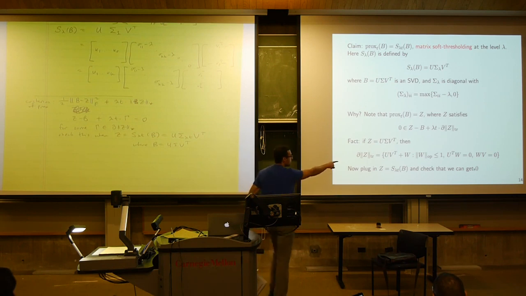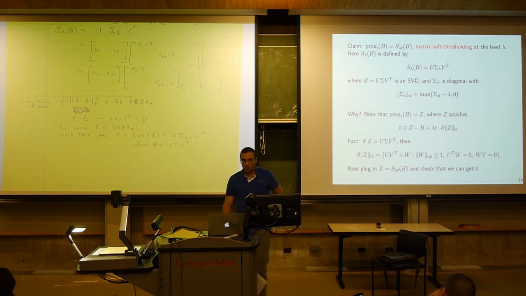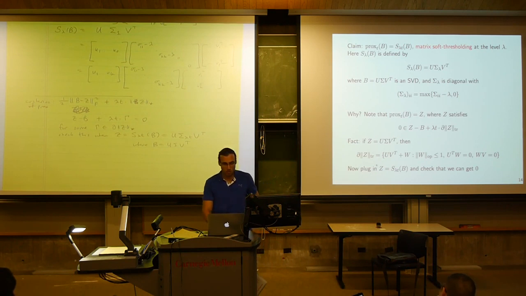U transpose W is 0, and W times V is equal to 0. So these are all the subgradients of the trace norm evaluated at a matrix Z, if Z has the SVD U sigma V transpose.